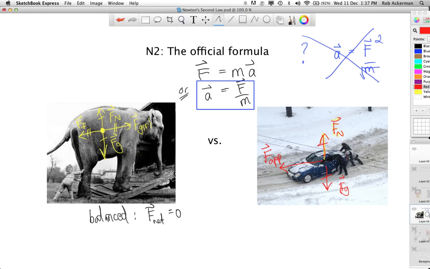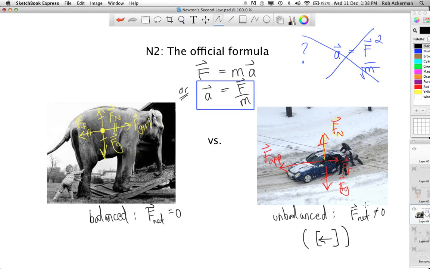So let's just say that there's a little bit of friction, but not enough to stop us from actually pushing the car forward. In the language of physics, we would say that the forces are unbalanced, and so we would write that the net force is not zero. In fact, it is directed to the left in this diagram, so square brackets, left arrow for direction.